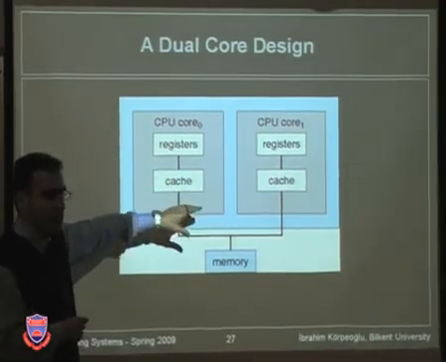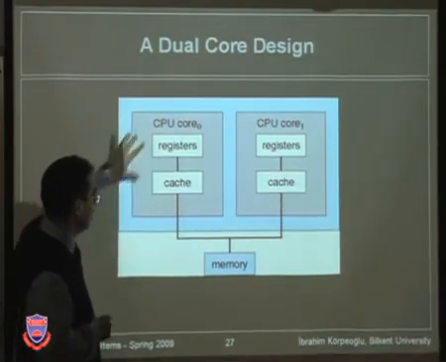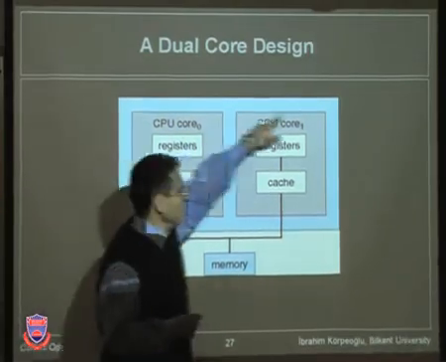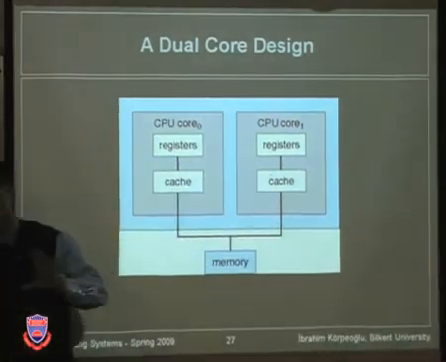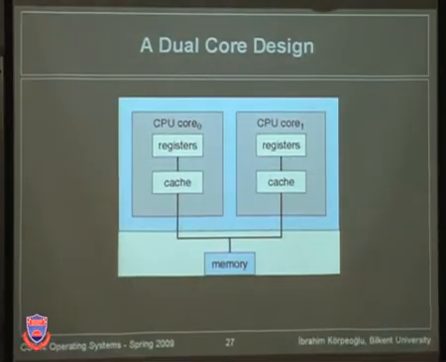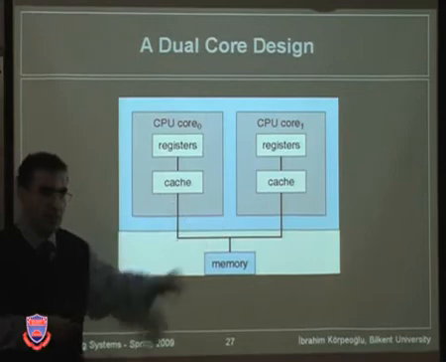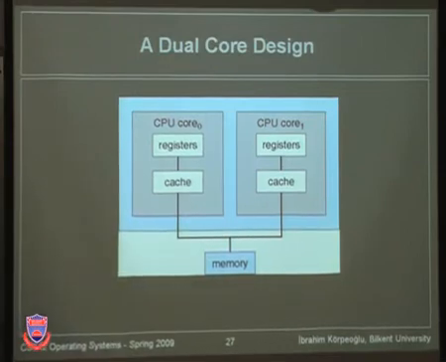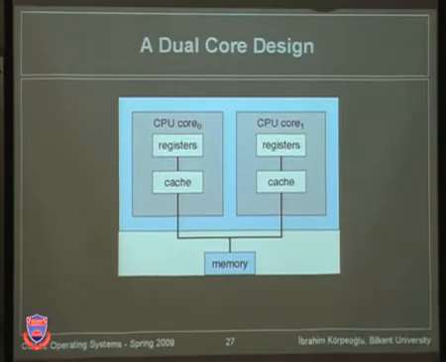So we say multiple cores. For example, this area may be a single chip. Inside that, you can have 2 CPUs, each having its own registers, and also its own cache. Sometimes the caches may be shared, but each CPU will have its own registers, processing unit, control unit, and so on.